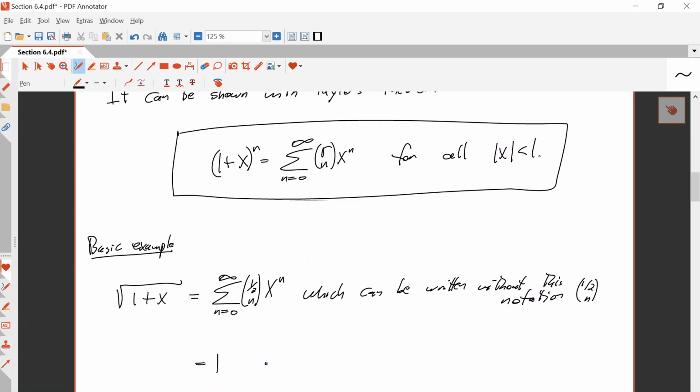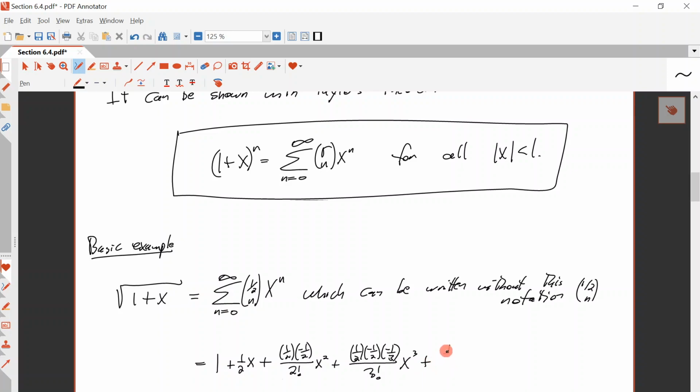For n equal to 1, 1/2 choose 1 is just 1/2 times x. Let's just keep writing it out. Next, for n equal to 2, 1/2 times minus 1/2 over 2 factorial, x squared. Plus 1/2 times minus 1/2 times minus 3/2 over 3 factorial, x to the third.